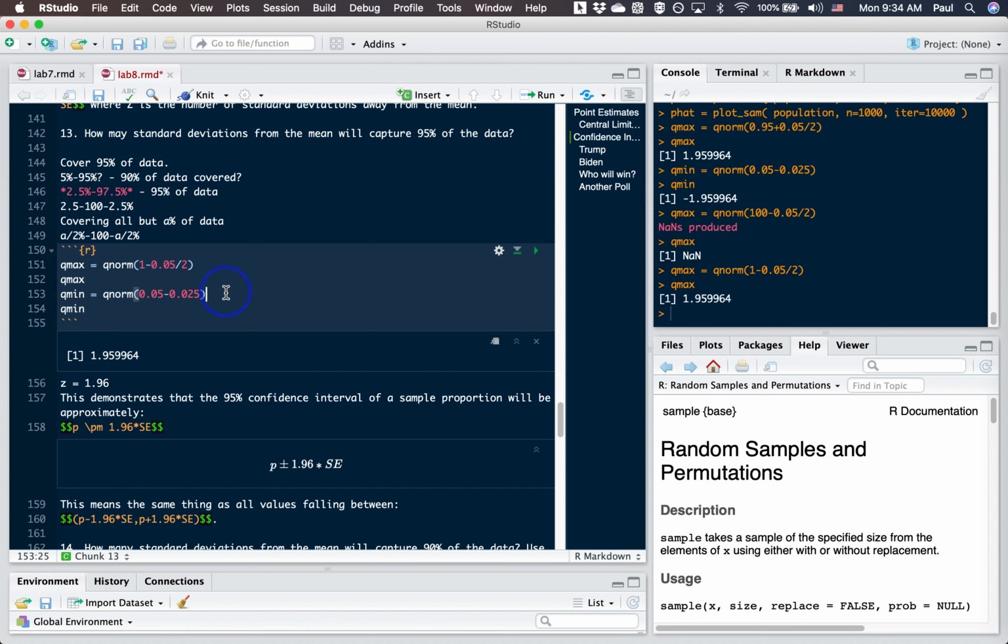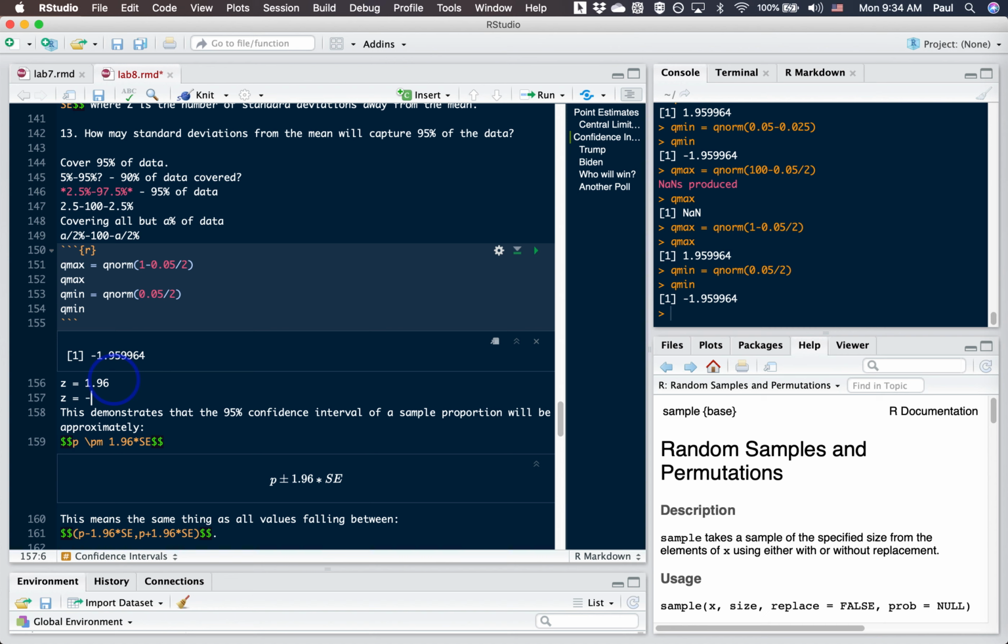If I want to find the minimum, I would say 0.025, which is 5% divided by 2. Notice that gives me negative 1.96.